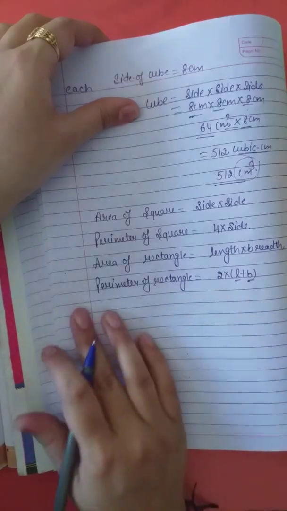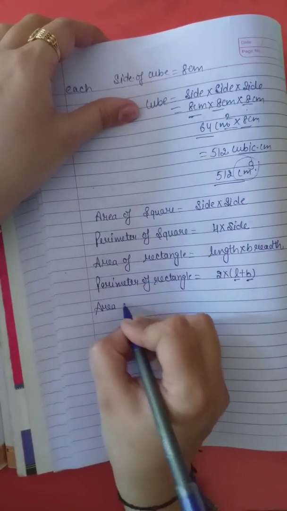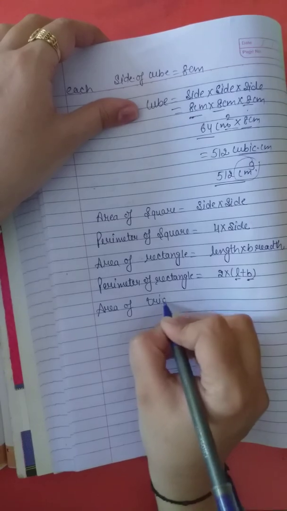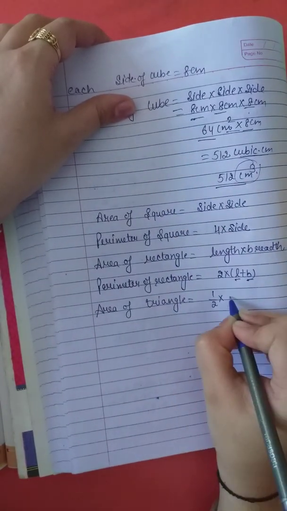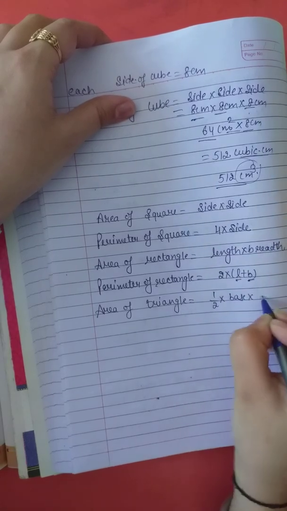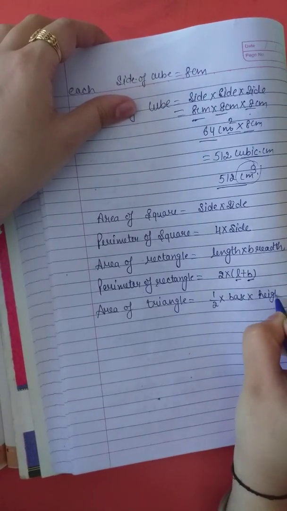Now next is area of triangle, which is equal to 1 by 2 into base multiply height.